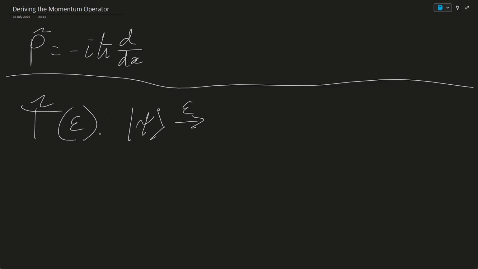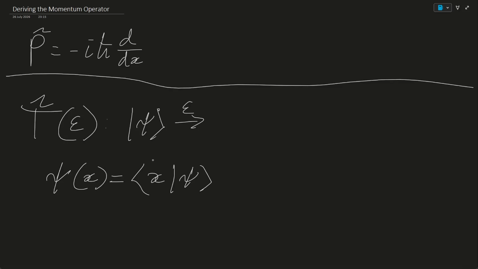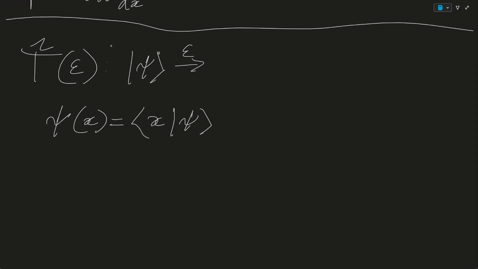So we can look at the position basis. This psi of x represents bra x ket psi, and this represents the probability of finding our particle at x. And well, if we translate it to the right, what do we get?